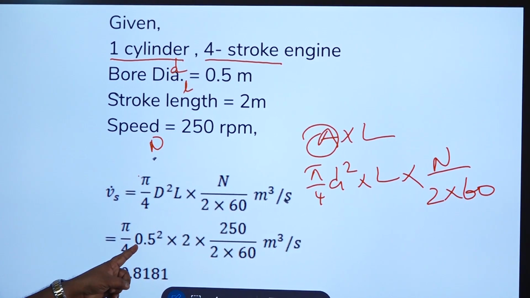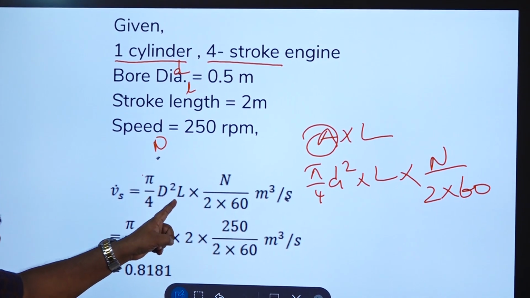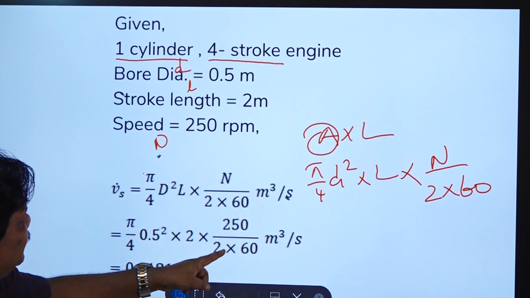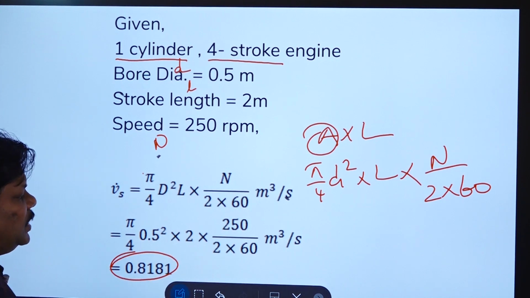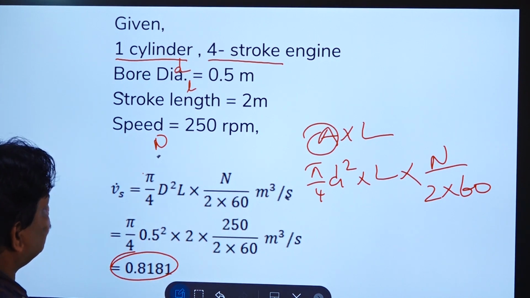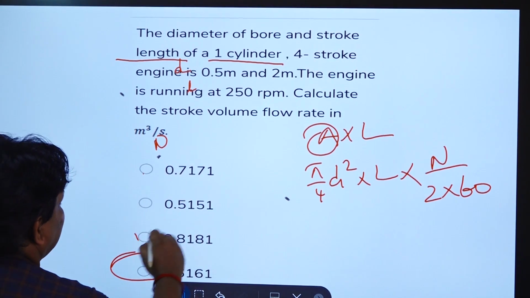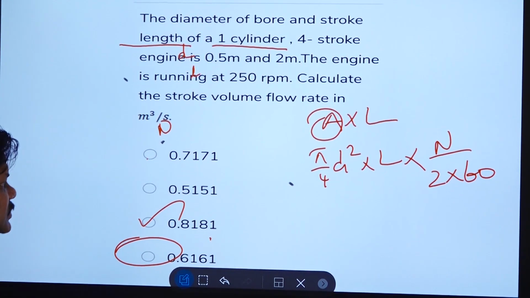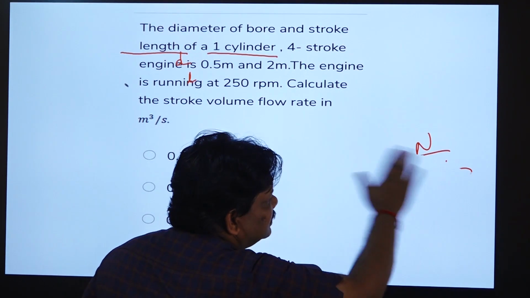So pi by 4 into D square into stroke length 2 into speed 250 divided by 2 into 60. The answer is 0.8181 meter cube per second. You get the exact values when you work out the problem.